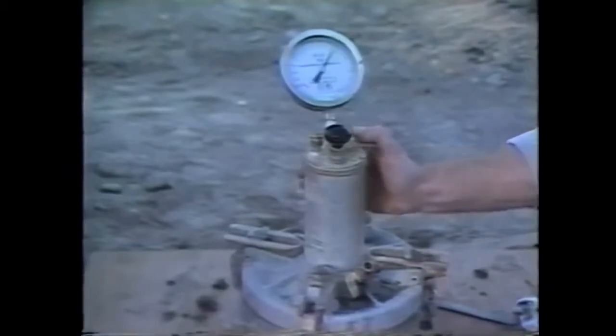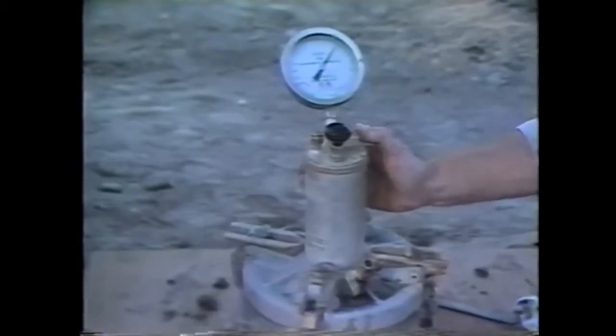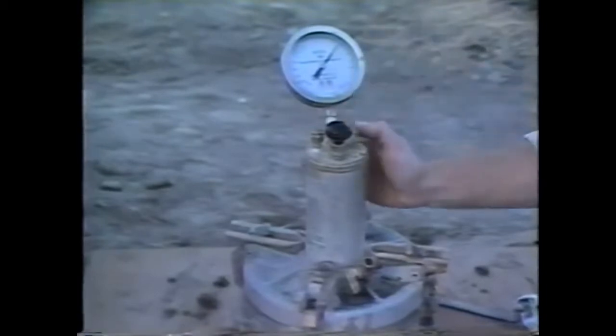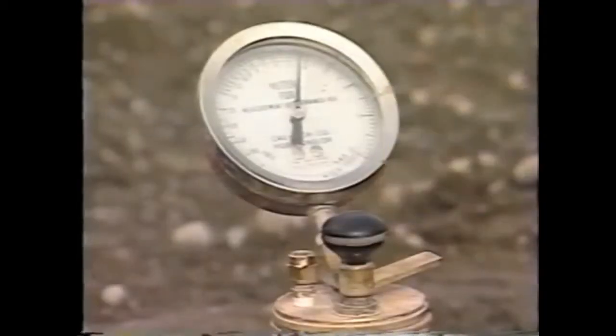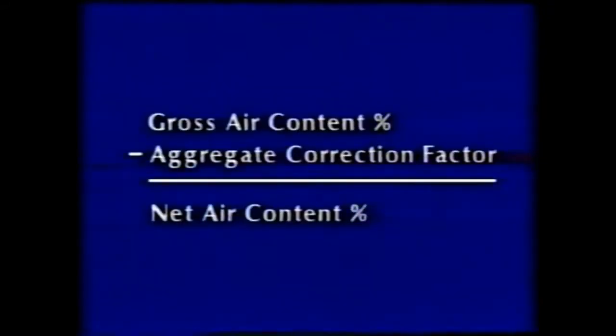This releases the air into the bowl. The sides of the bowl are tapped sharply with the mallet, and the gauge is tapped gently with the fingers until the dial hand stabilizes. This is the gross air content percent. From it, the aggregate correction factor is subtracted. The result is the net air content percentage of the concrete.